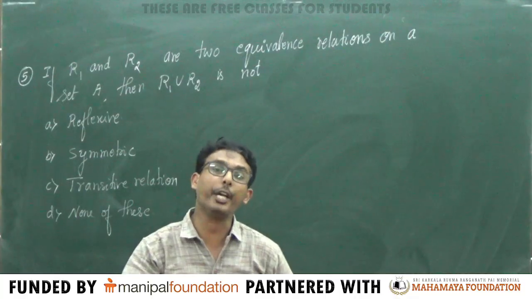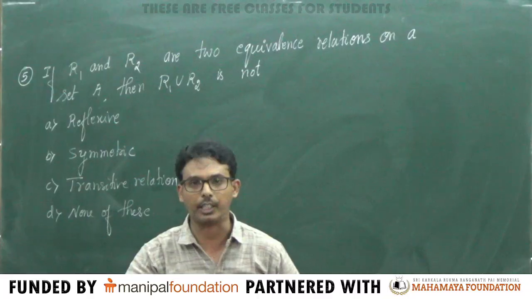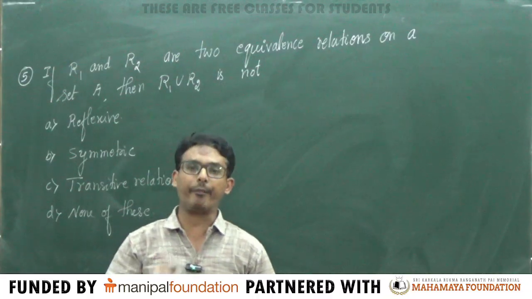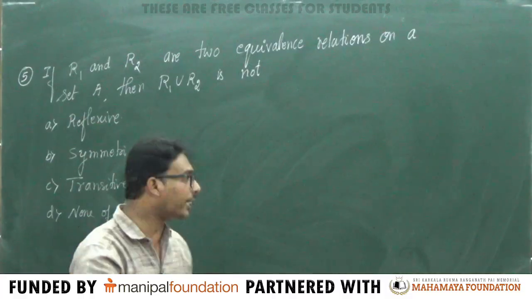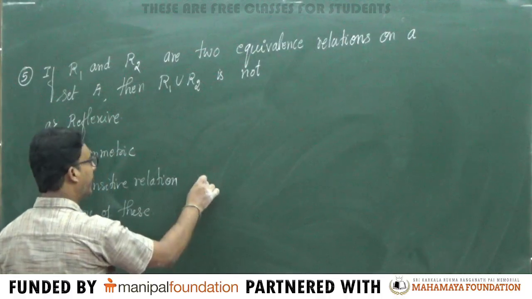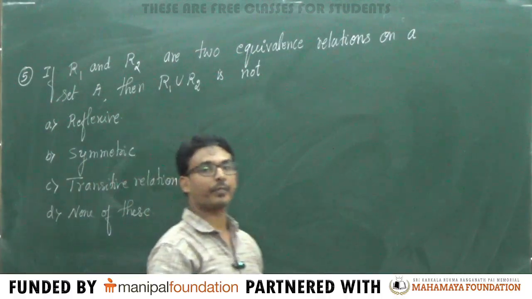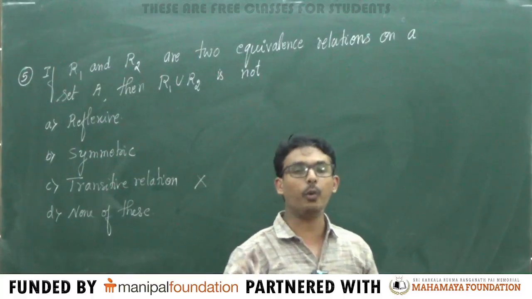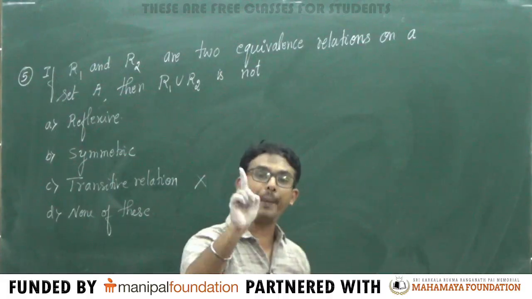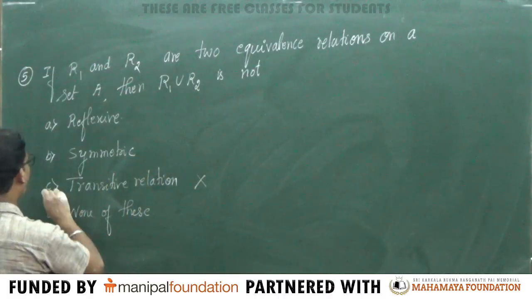Then what will be the union of two equivalence relations? Please remember, the union of two equivalence relations is reflexive and symmetric but not transitive. The union of two equivalence relations is not an equivalence relation because it is not a transitive relation.